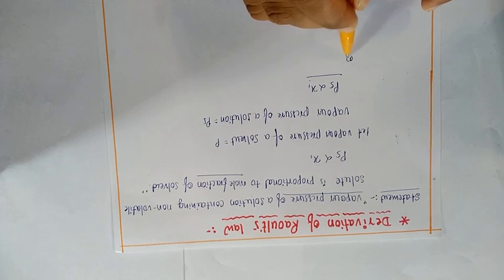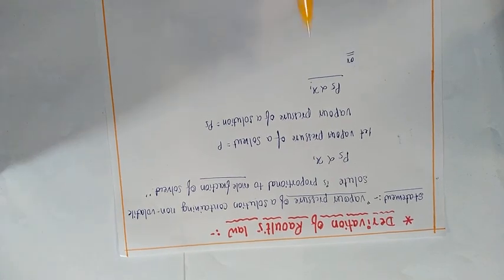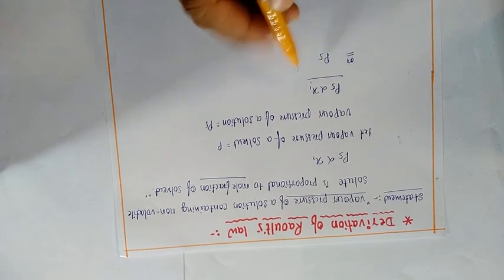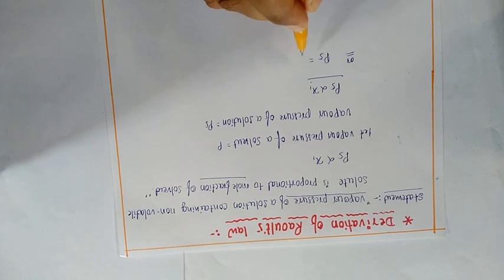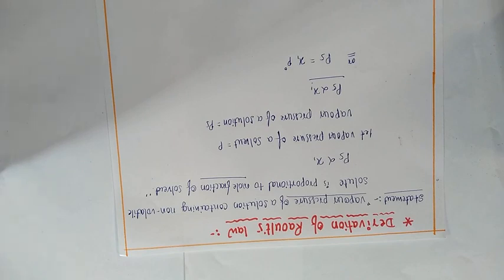Or you can write PS. Removing the directly proportional sign, it becomes PS is equal to x1 times P naught. Here P naught means vapor pressure of the pure solvent.